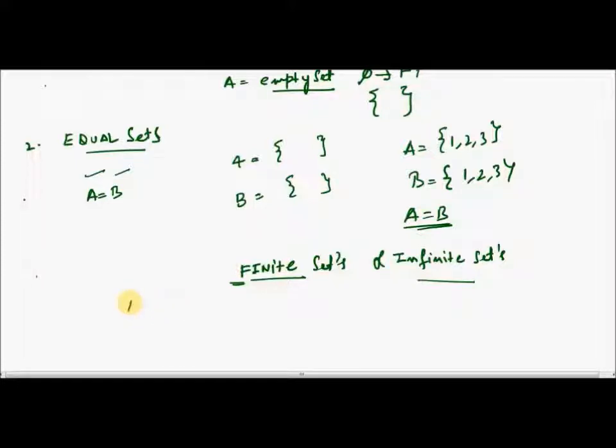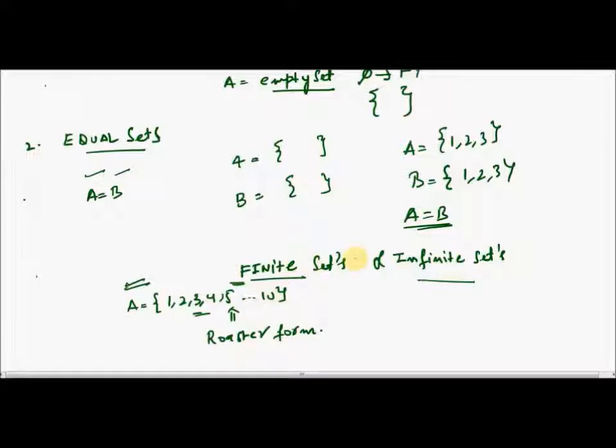For example, I have a set A and it contains a finite number of elements, let me suppose up to 10. So these are finite numbers, right? So A can be called a finite set. That means we can count the number of elements in this set. And finite sets are generally represented in roster form. It is convenient to represent finite sets in roster form.